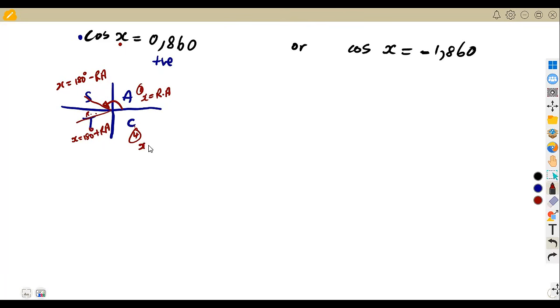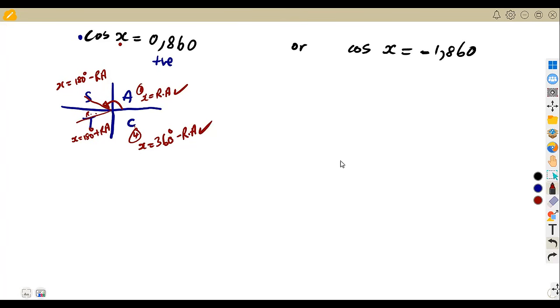In the fourth quadrant, our x, which is the actual angle, is going to be 360 degrees minus the reference angle. So as long as you understand that the reference angle has to affect each quadrant. So here we are dealing with the part where it is positive, and we are dealing with the first quadrant and with the fourth quadrant.